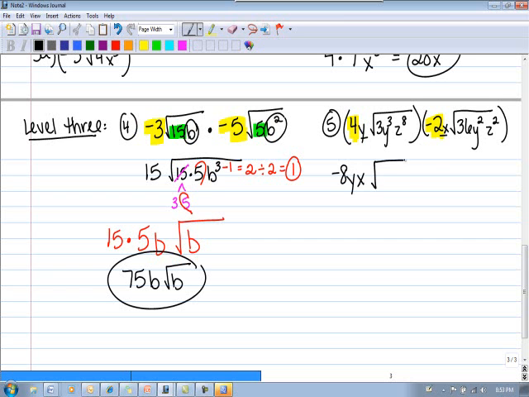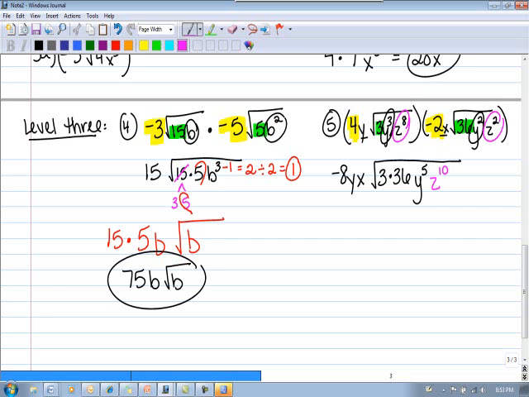Then I'm going to go through and I'm going to multiply underneath the radical. So 3 times 36, don't feel like multiplying that out because I know I'm going to have to break them down. So I'm just going to write 3 times 36. And then I have 3 y's and 2 y's, so that's 5 y's underneath the radical. And then 8 z's and 2 z's, so that's 10 z's underneath the radical.